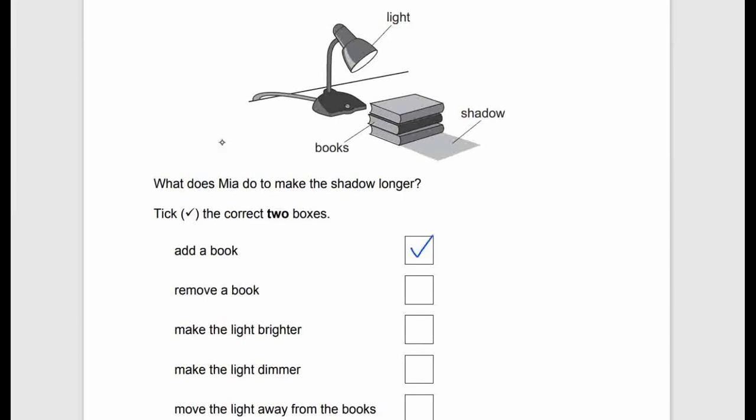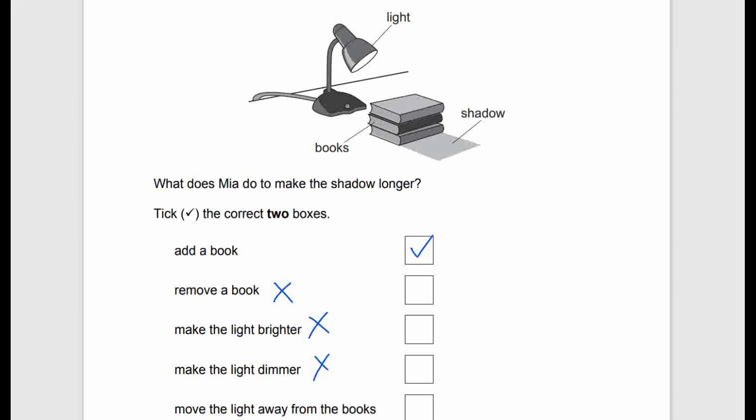Remove a book. No, it will make the shadow even shorter. Make the light brighter. It's not, because making the light brighter will affect the intensity of the shadow, not the size. And then make the light dimmer also is not.